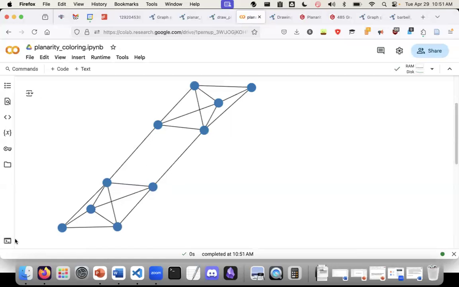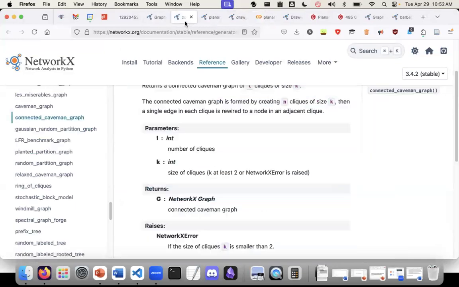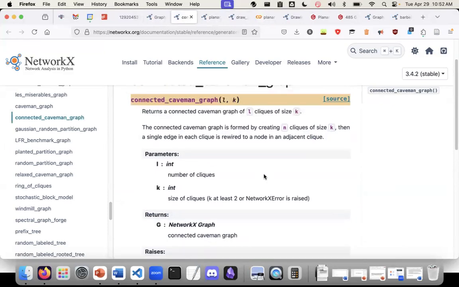The clique is the complete subgraph. So like 1, 2, 3, 4, 5. Wait, I don't think... Hold on. K5 isn't planar. I think it's the way they connect them.